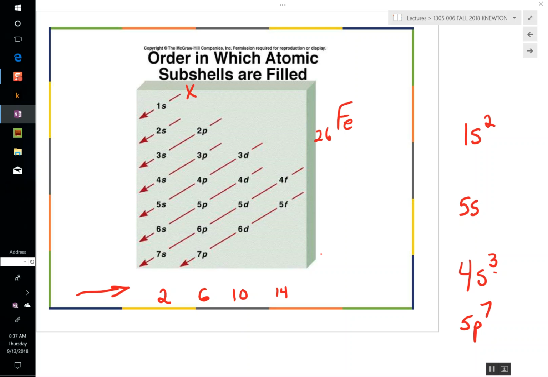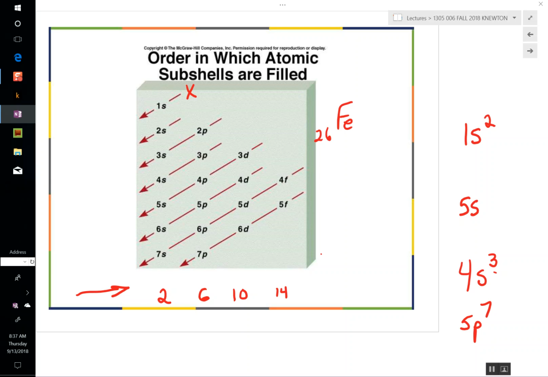Okay, now let's look at the noble gases. Valence electrons. How many? 8. Argon. 8. Krypton. How many? All right, we're not counting that. Those are down in the 3rd energy level. These are in the 4th energy level. 8.